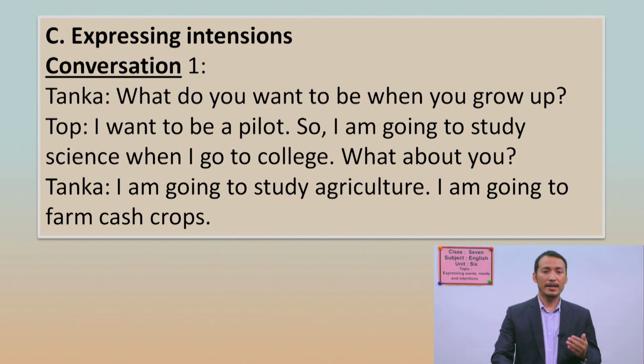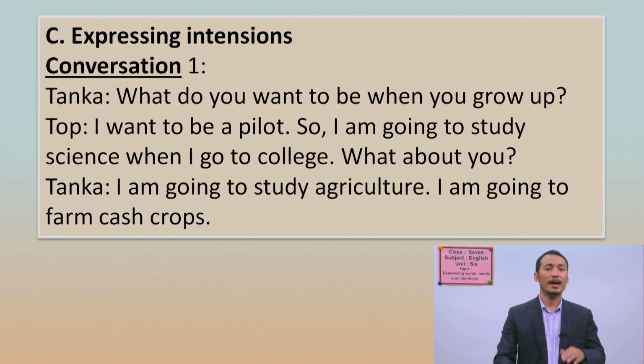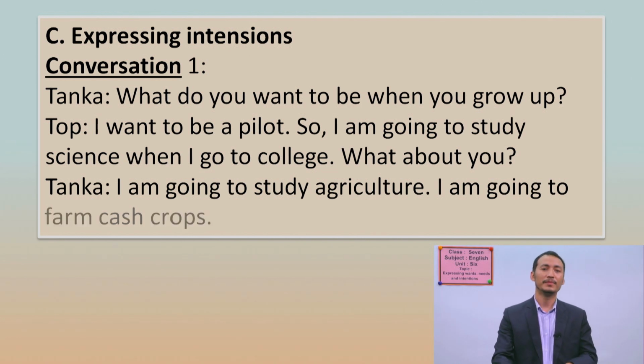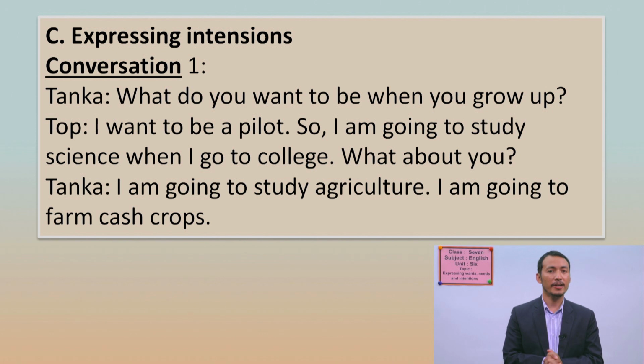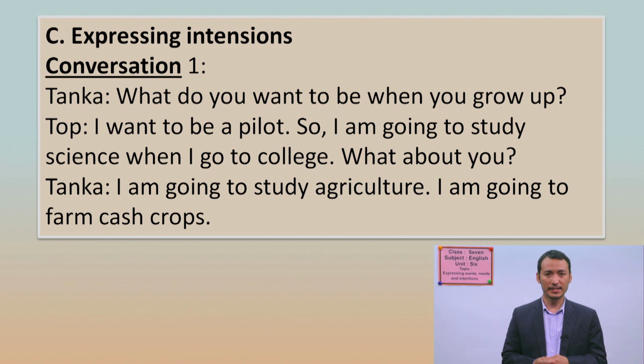And he asks back to Tonka, and Tonka is also expressing his intentions by saying, I'm going to study agriculture. So he has decided to study agriculture. Why? Because he is going to farm cash crops. This is another intention by Tonka. Okay, students, now you know how to express your intentions as well, right? Now, are you ready to express all these things?